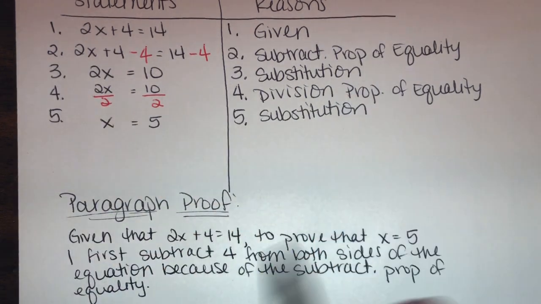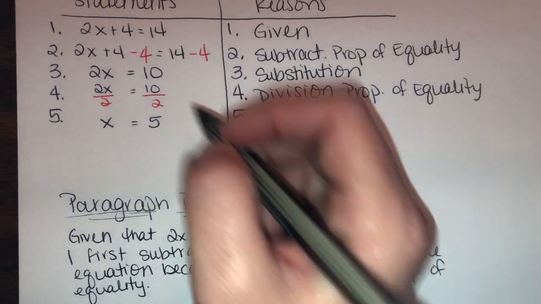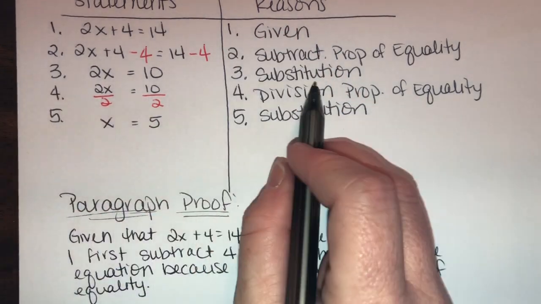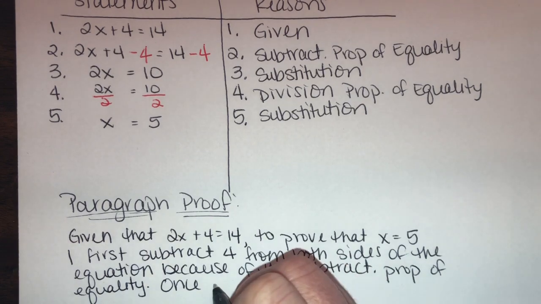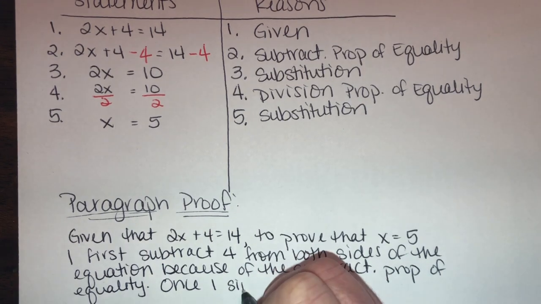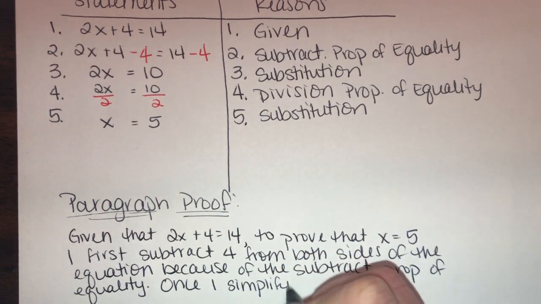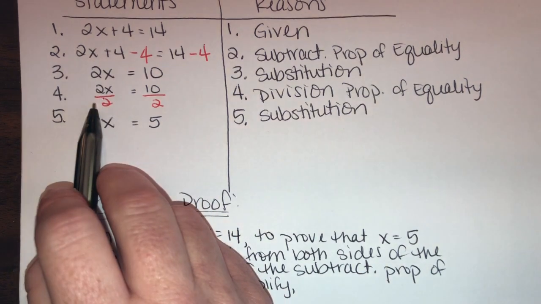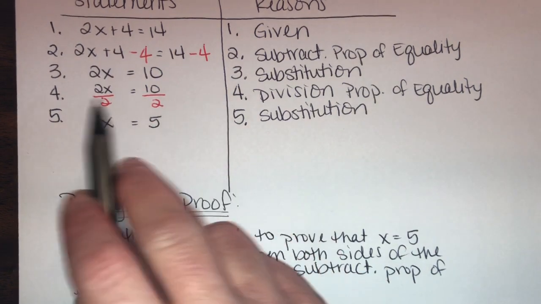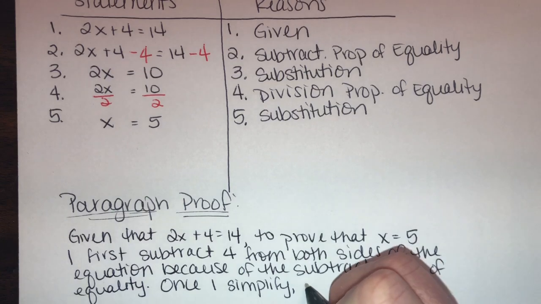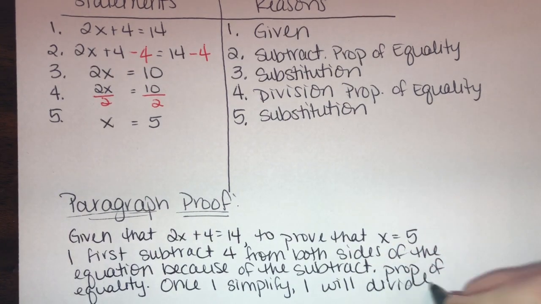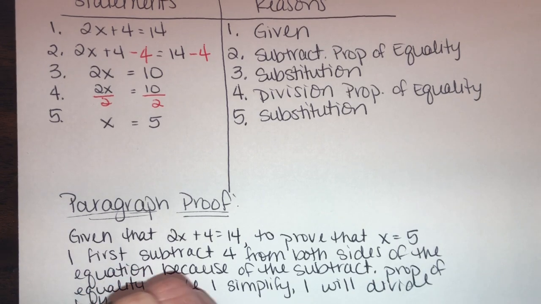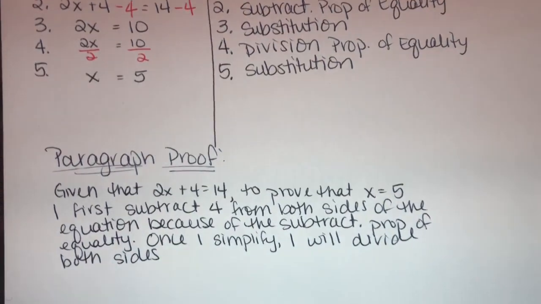Once I simplify, because the next line is substitution, I simplified line 3. So in my paragraph proof, I'll just summarize that. Once I simplify, what's the next thing I have to do? Divide both sides of the equation by 2. I will divide both sides. Don't just say both sides. You have to tell both sides of what?